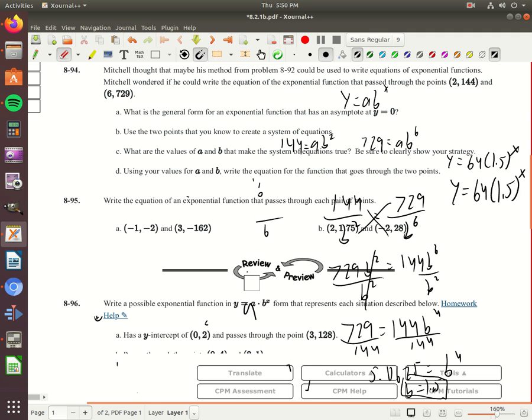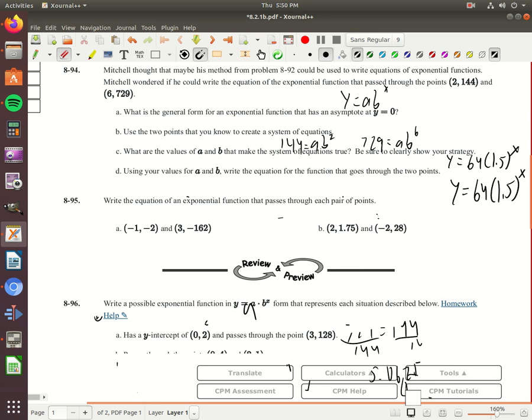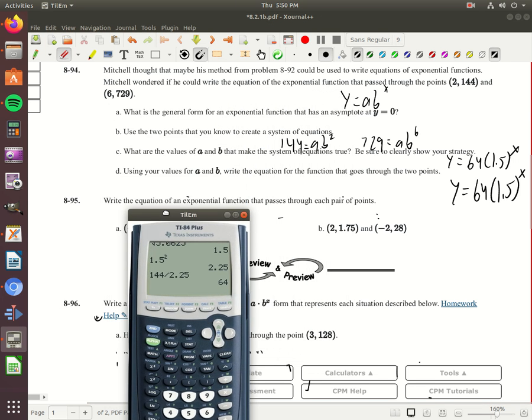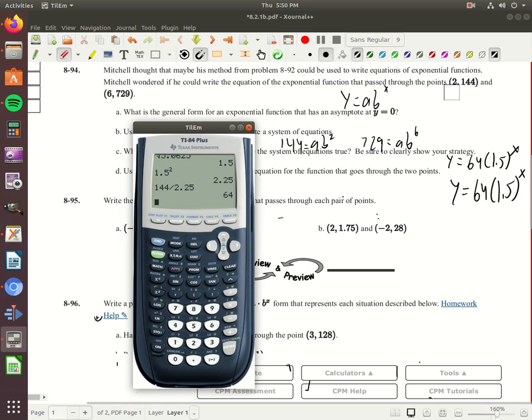So I have this equation, and I just want to grab a calculator and verify that this is actually even true and that this even works. So I'm going to say, all right, well, I should be able to plug in these values of 2 and of 6 and get those values.